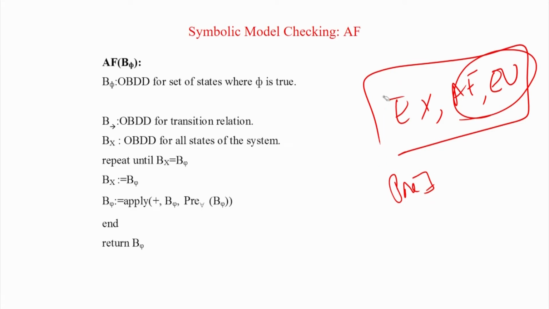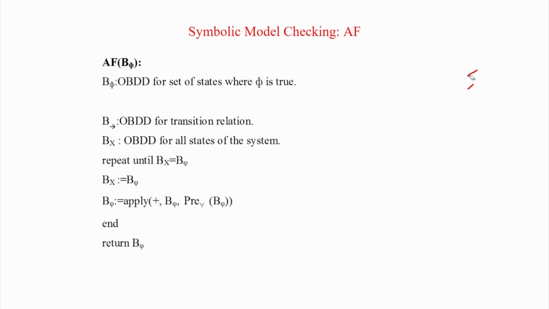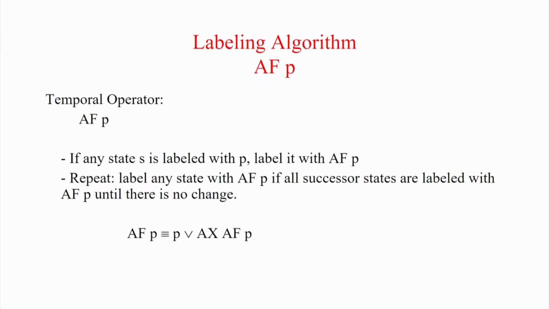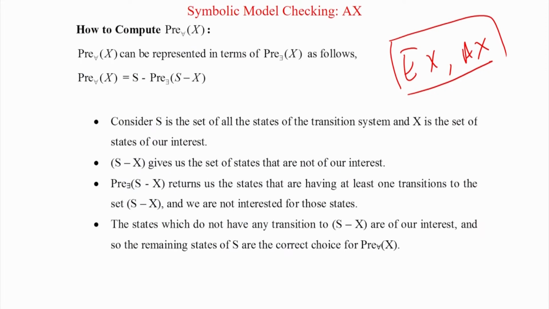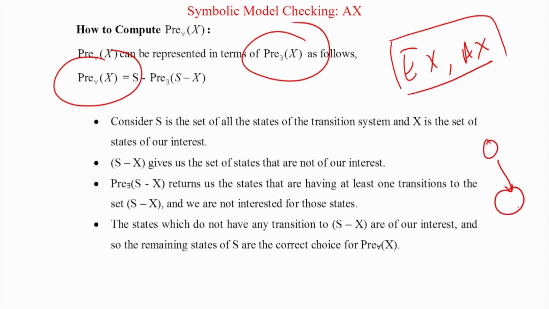For this we will be using two things we have already seen: pre of x, where from this state there exists at least a path where x holds, and pre for all, where for all paths from this state the property of x should hold. We already discussed in lecture 4, the last lecture, how we can model check for pre all and pre x.